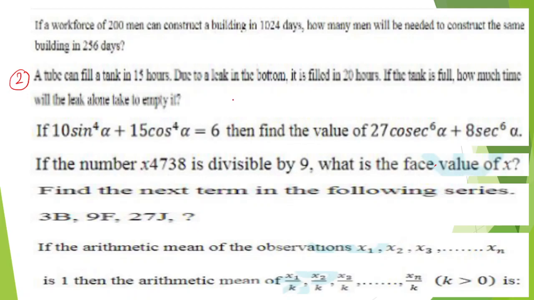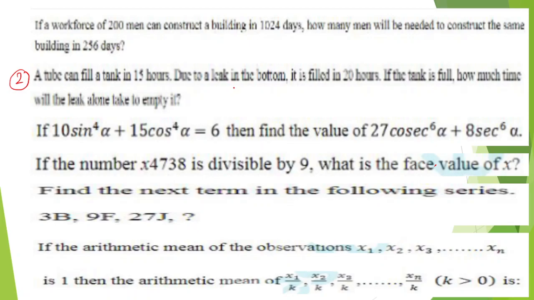First of all, it is essential to understand the language properly, because if we understand the language properly, then we are able to solve the question very quickly. In this case there are two pipes, not one pipe.